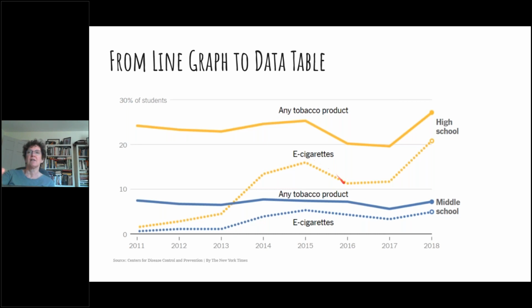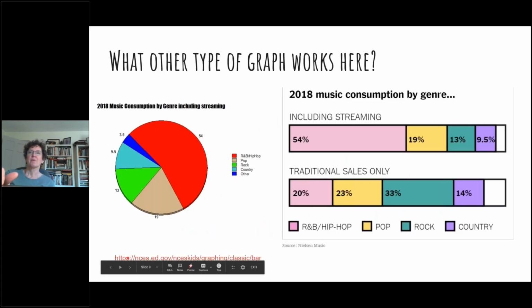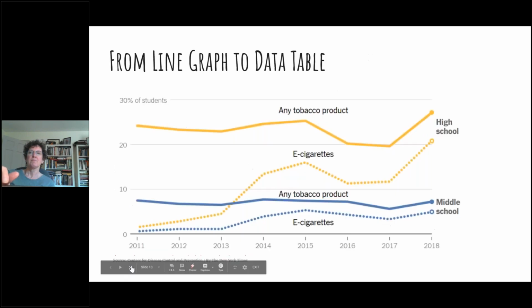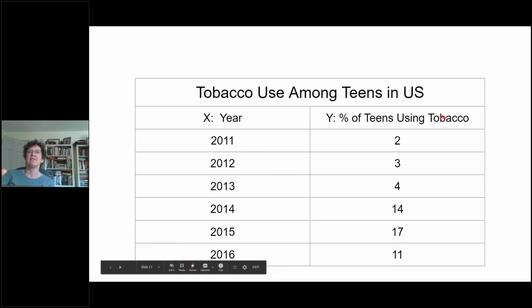What should I have called this on my graph? I said percent of teens using tobacco, and it was really percent of high school students using e-cigarettes. Yeah, it was the e-cigarette line.